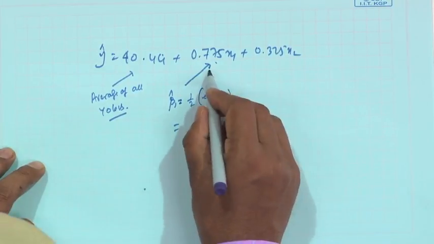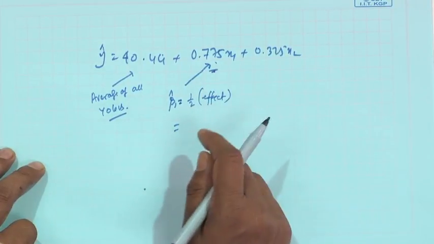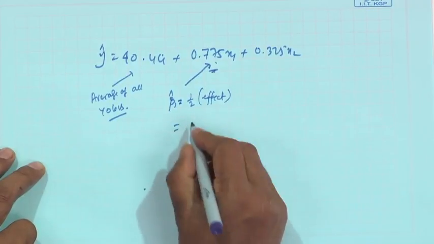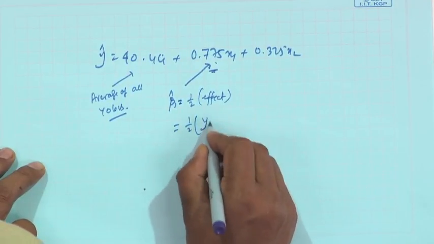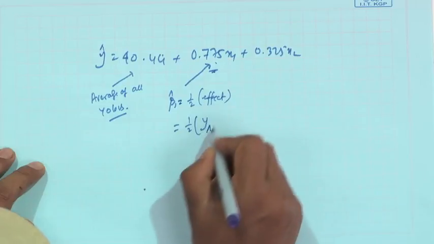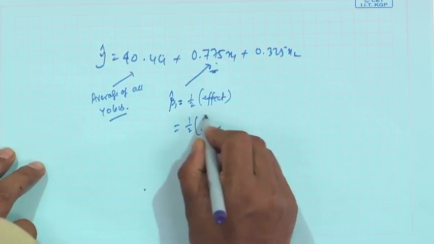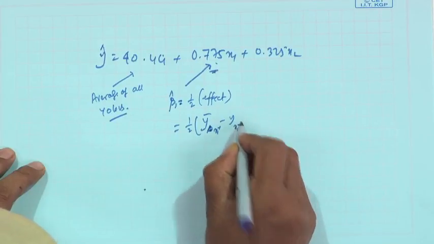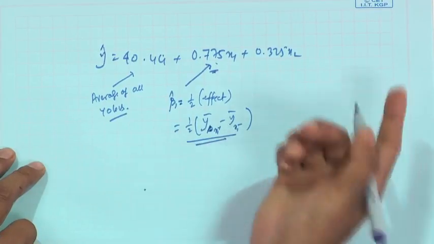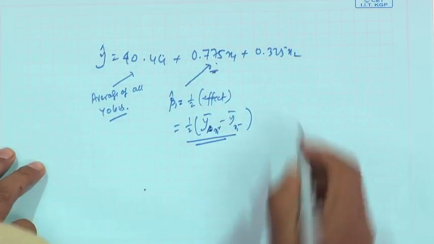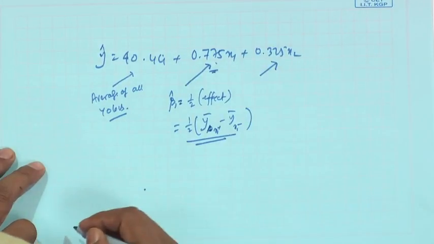How do you get the effect here? The effect you get as an average, so 1 by 2, suppose this is x1, y at x1 plus bar minus y at x1 minus bar. In this way you know how to compute the effects, and similarly for the other one.